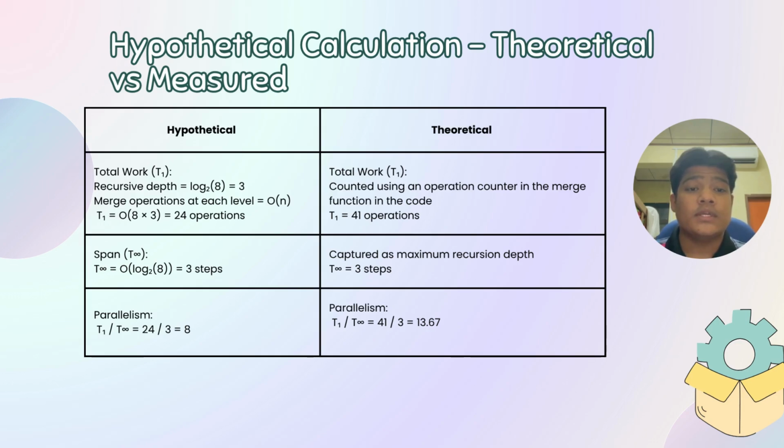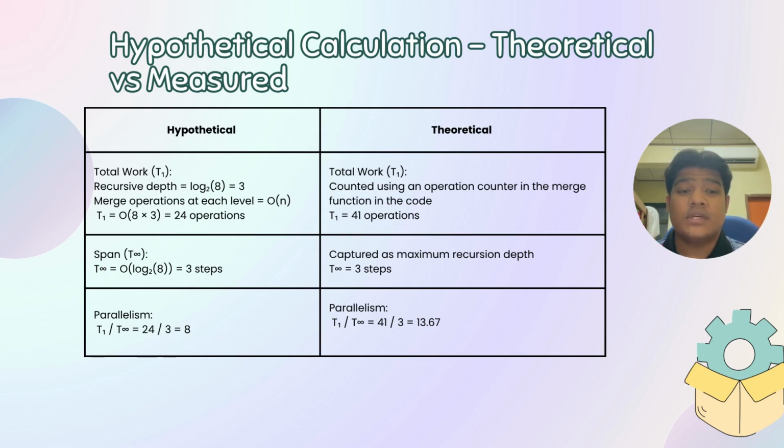When we run the actual code, we track the total number of operations using an operation counter. The result was 41 operations, and the recursion depth still matches the expected 3 steps.